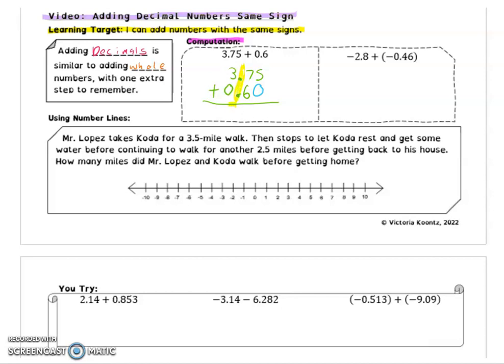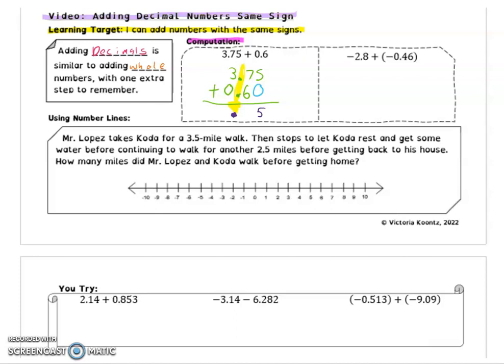Because when it comes to adding, that decimal is going to stay right there. So I can already plug that decimal in down here at the bottom. So our answer, we know our decimal is right there at the bottom. All right. And so now we're going to add 5 plus 0 is 5. 7 plus 6.